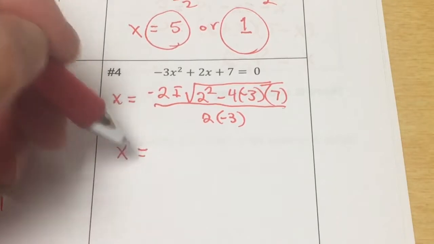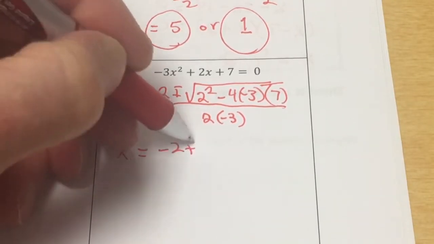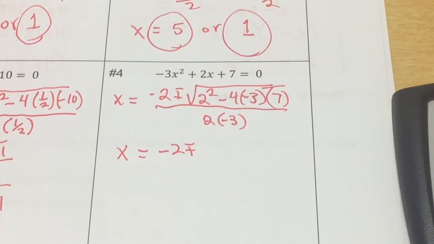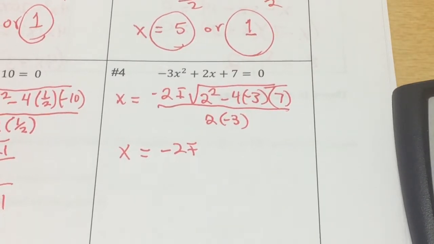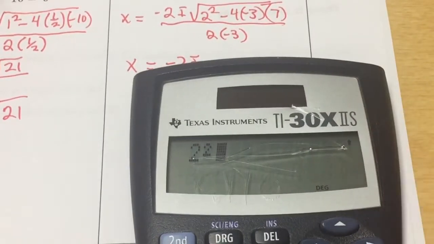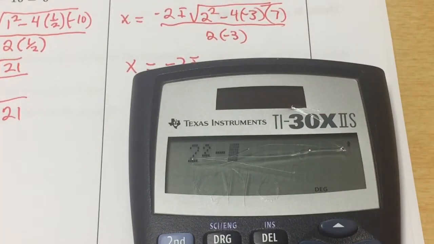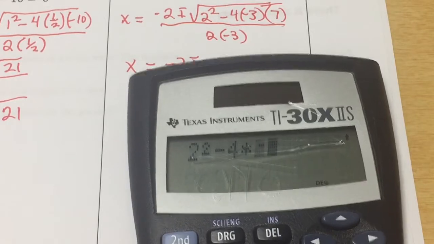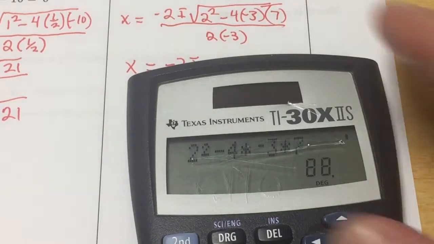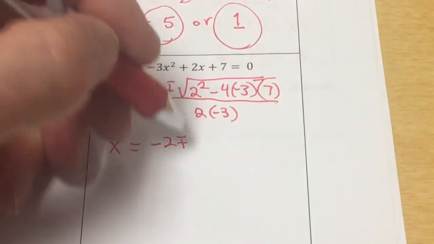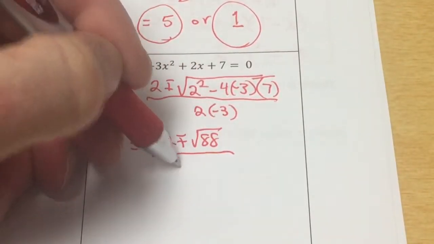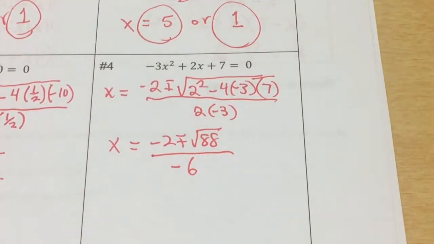So under the radical this time, we have 2 squared minus 4 times negative 3 times 7, and that's 88. So the square root of 88 over negative 6.